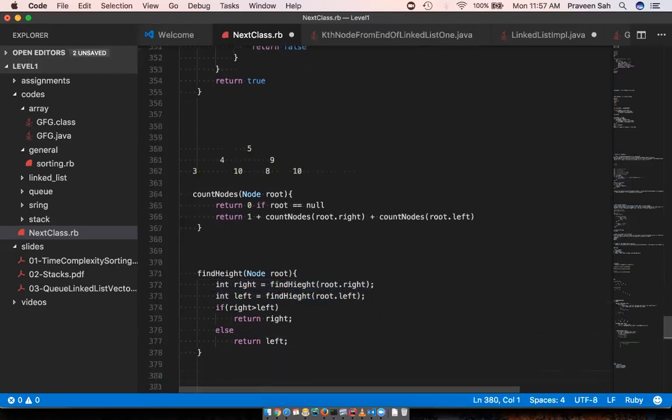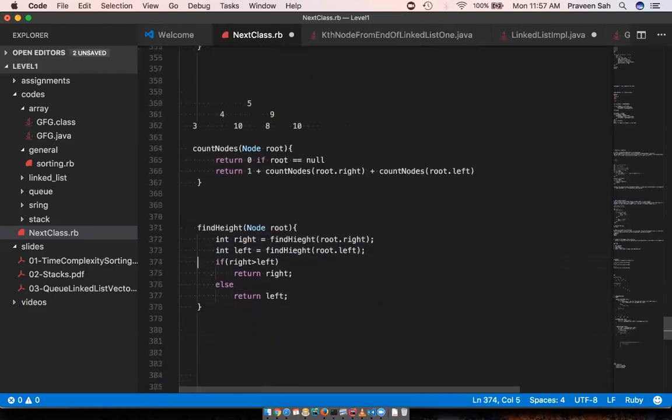I'm trying to verify Santosh's code. So he has first calculated the height of the right subtree: right equal to find height of root dot right, left equal to find height of the left subtree.